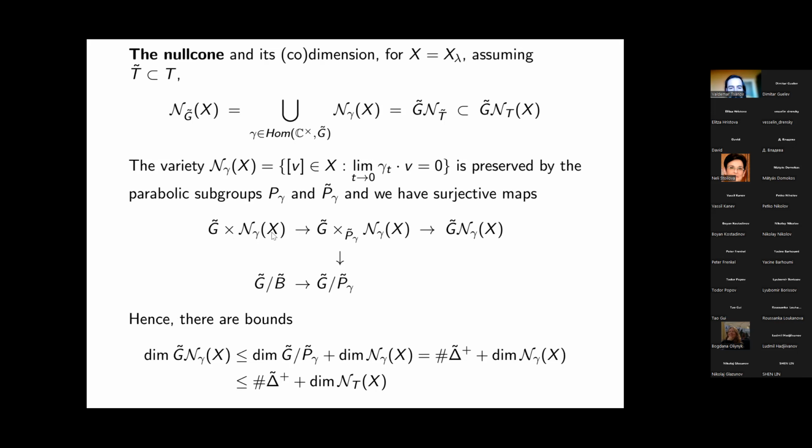And from this, we can deduce bounds because for a fiber product, we have the dimension, it is just this sum below, the fiber plus the dimension of the base. So this image, which is an image of this fiber product, should have smaller dimension.